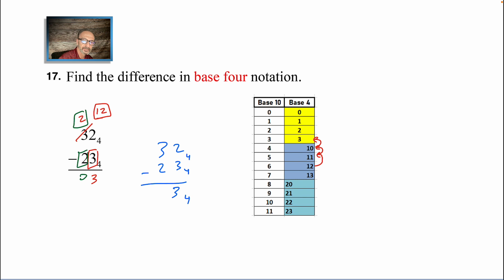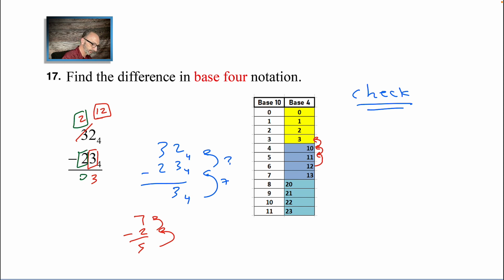And that should do it. I think it doesn't hurt. Let's double check. Let me show you. If I add this to this, do I get this? You know, in math, in our system, if you go 7 minus 2 equals 5, to double check, you add 5 plus 2, and you get 7, right?